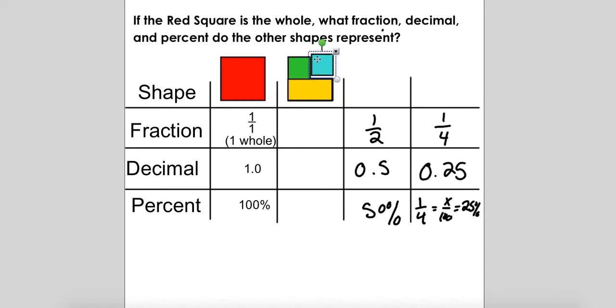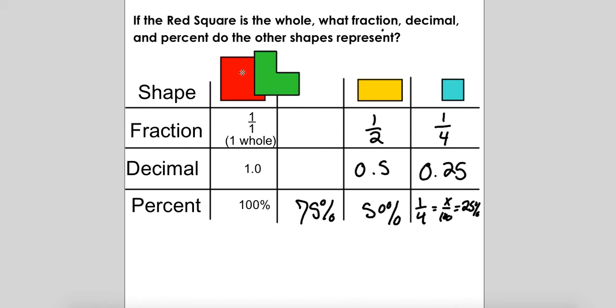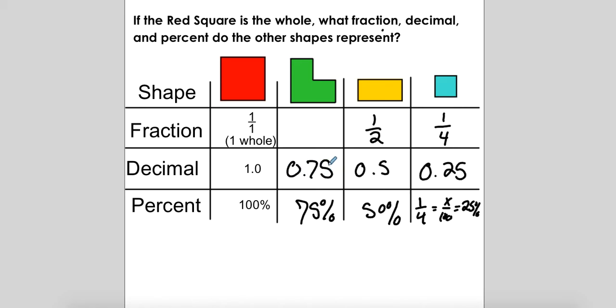Now I know that this yellow shape is 50%, the blue shape is 25%, and if we combine that together, we should be able to see that this is 75% of the red shape. We're only missing that 25% from here, so that's another way you can look at it. And as well, I'm going to want to turn this into a decimal, which is 0.75 if you remember from our class discussion, or it's 3/4 of the entire shape.